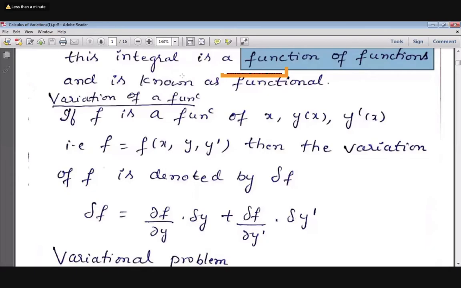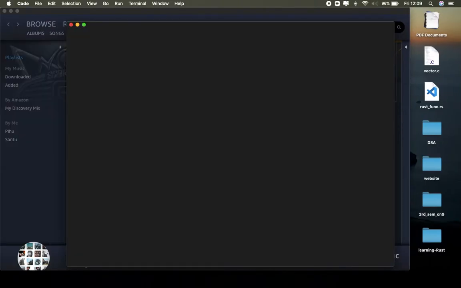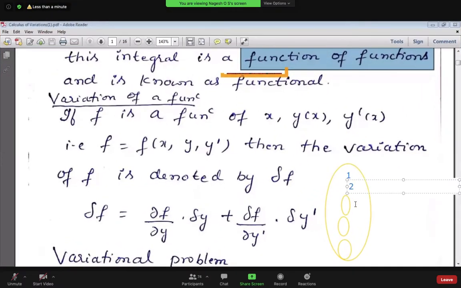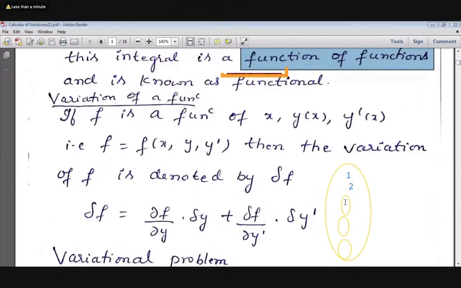Because I told, if you have a function, inside that also functions will be there, and other elements will be there. So that's why it is f equal to f of x comma y comma y dash.